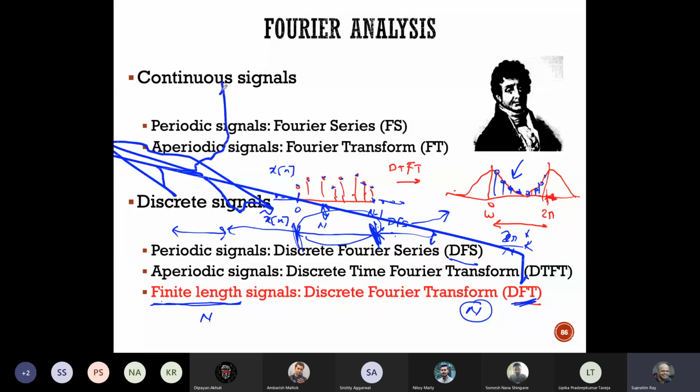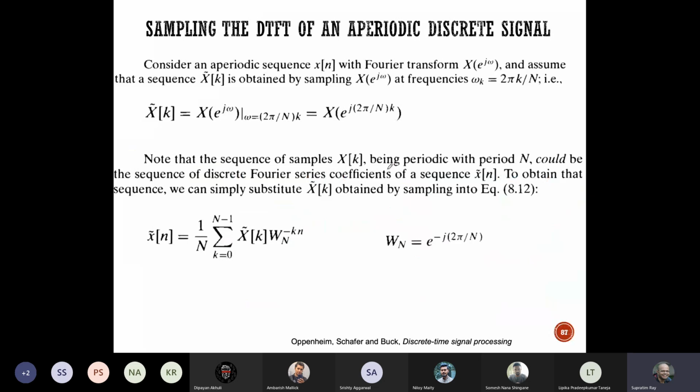Sorry, today this pen is acting up very badly. So I've got a signal here, which is of finite length. Let me just draw this here. So I've got a signal of finite length like this, let's say. And that will have a DTFT, which is between 0 and 2 pi.